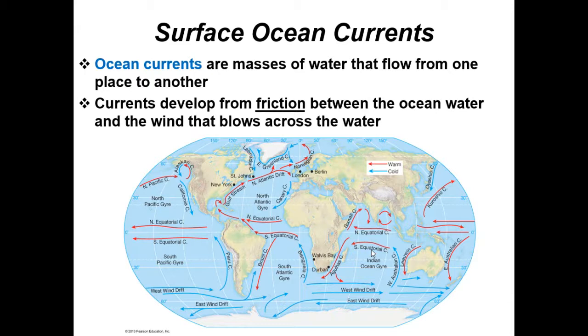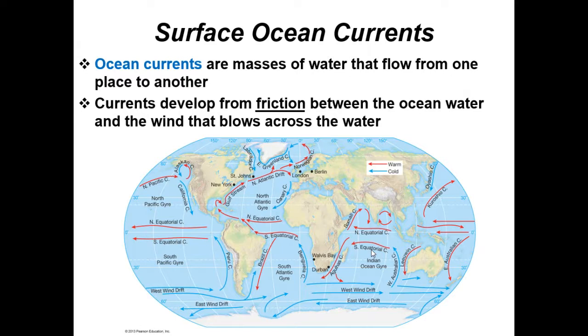Let's see. So in this picture here, what you're seeing are major ocean currents in the Earth's oceans. Okay, the red lines represent warm ocean currents, the blue lines represent cold ocean currents. And the arrows point in the direction of the current movement. What I want to point out here is a couple things.